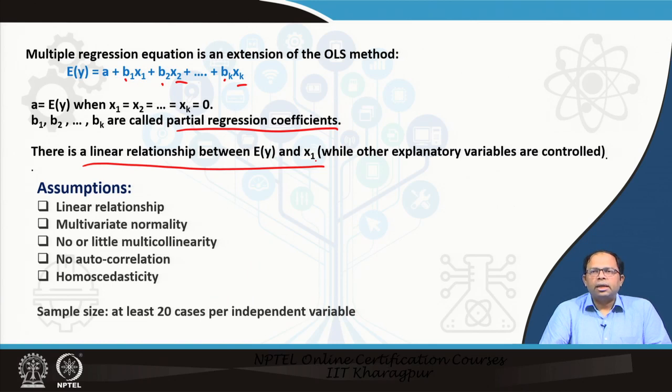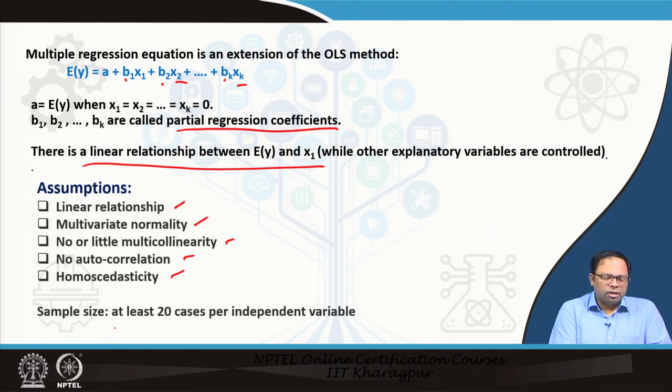These assumptions are: linear relationship, multivariate normality, no or little multicollinearity, no autocorrelation, and homoscedasticity. These are the different assumptions that we also need to check when we perform a multiple linear regression.